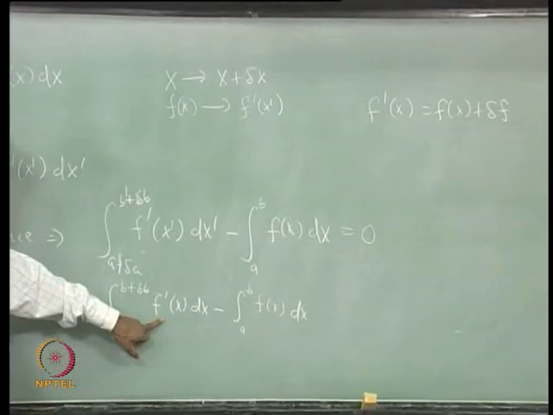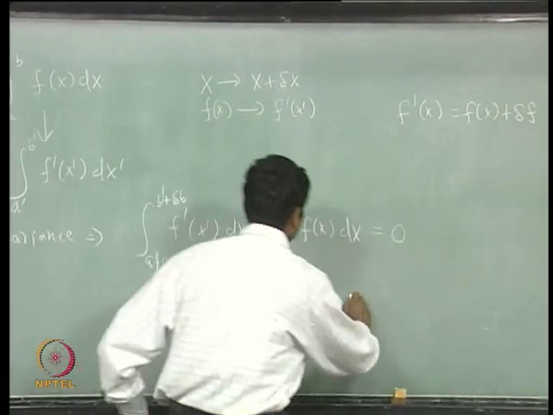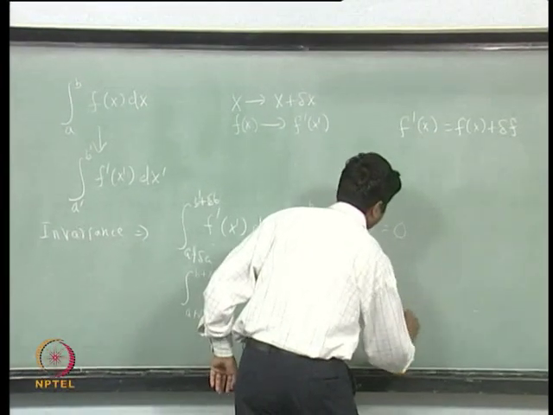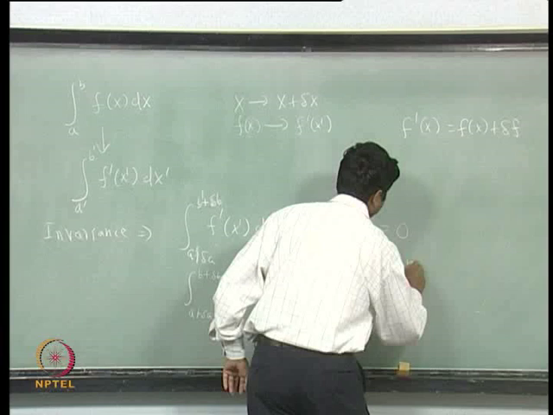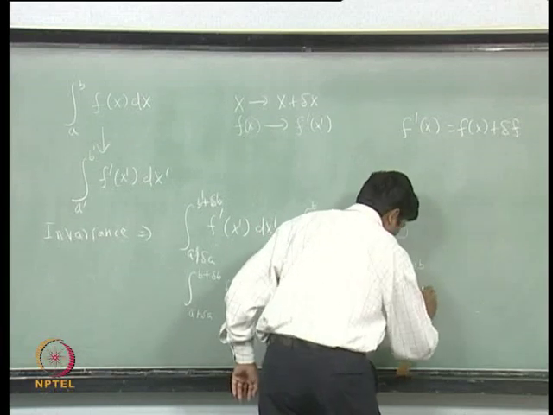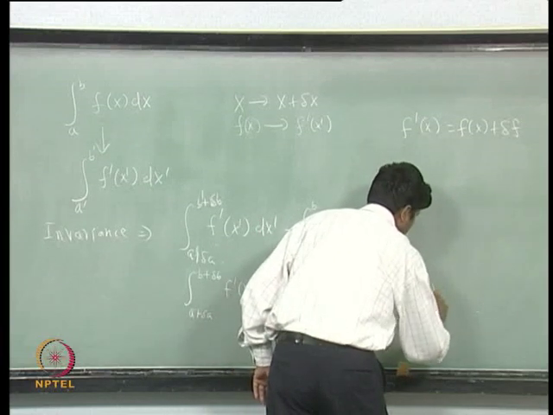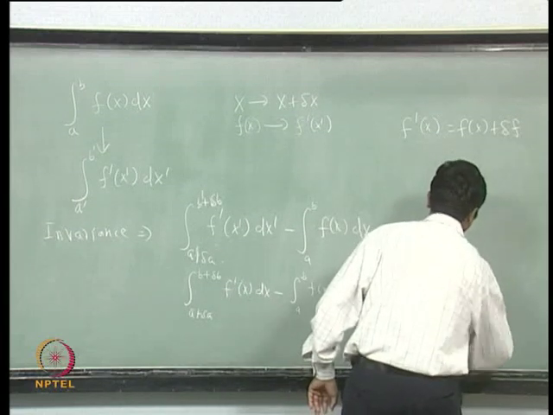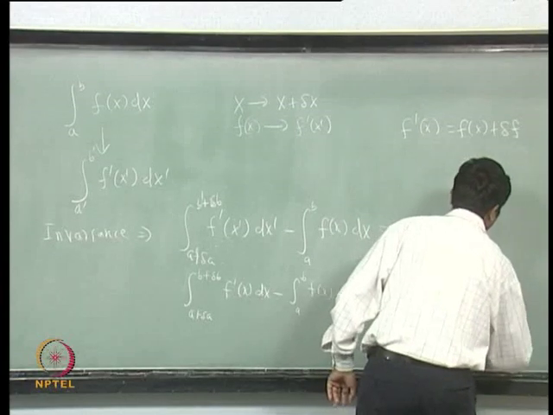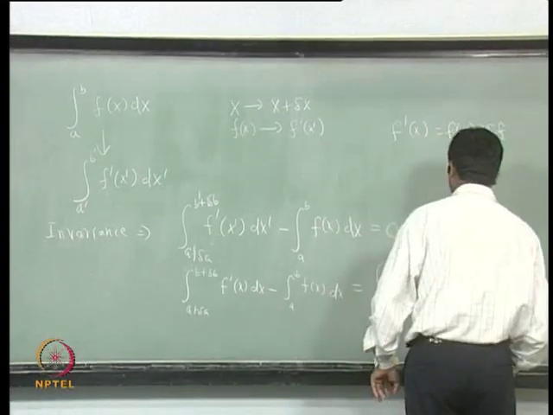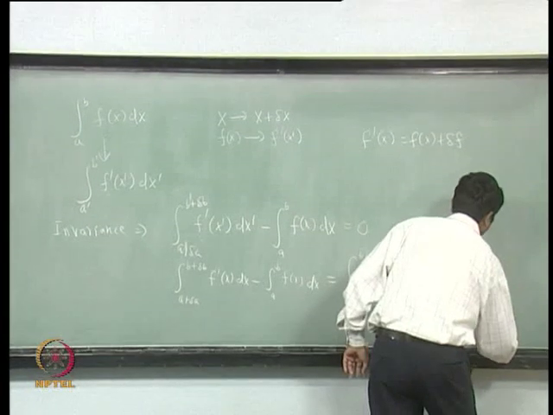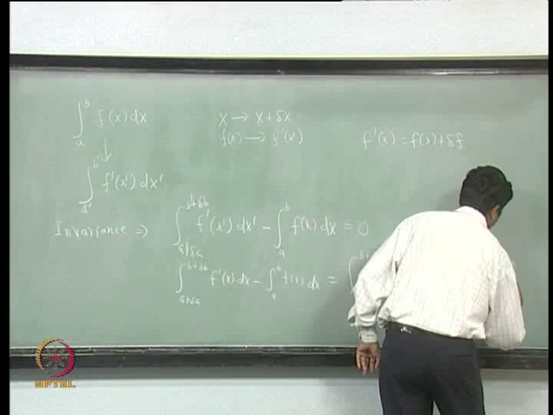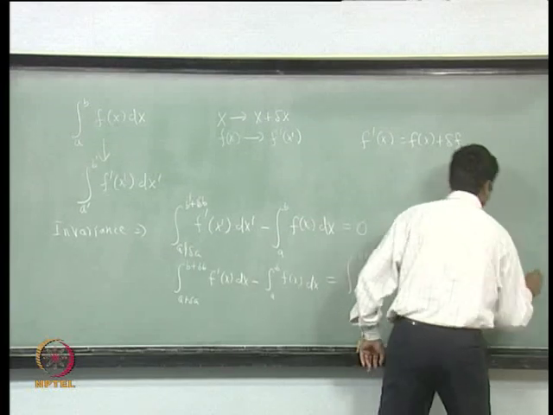So, we will substitute it here, then this is equal to the integral from a plus delta a to b plus delta b, right.